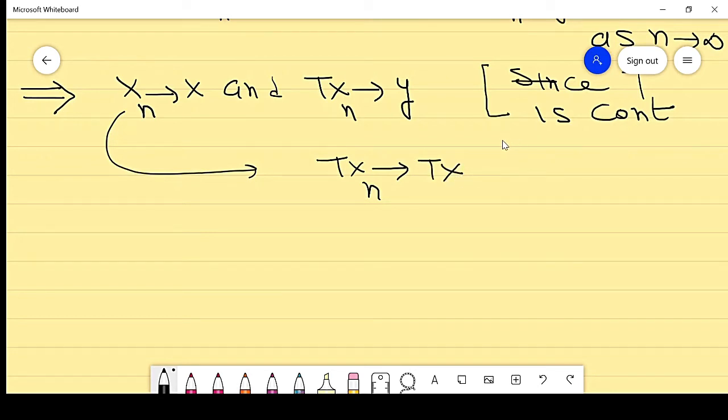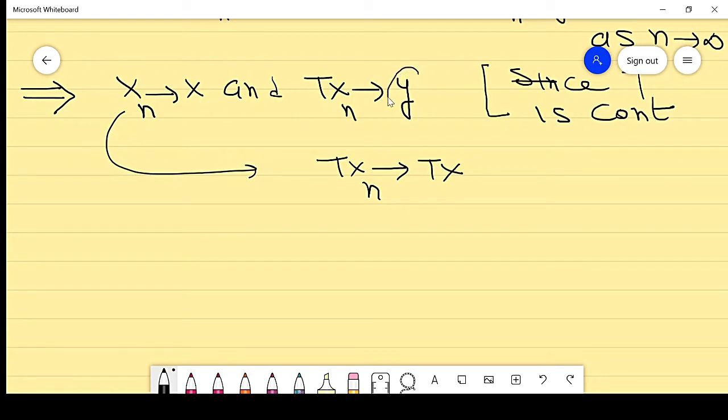That is the theorem in the basic topology chapter of Walter Rudin, after continuity. So if xn approaches x, since T is continuous, its image converges to Tx.